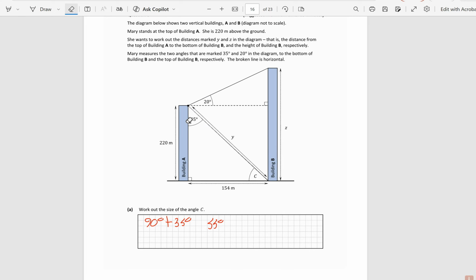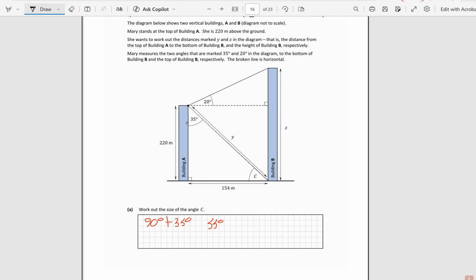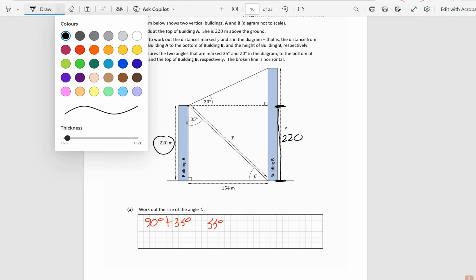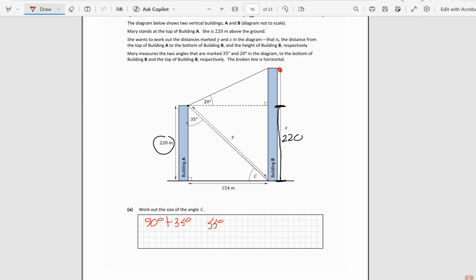However, we know that this here is 220, from here up to here. So if we just forget about that, we're going to get the length from this bit to this bit. We can do that because we have a right angle triangle here, and then we can add this 220 on to get the Z.